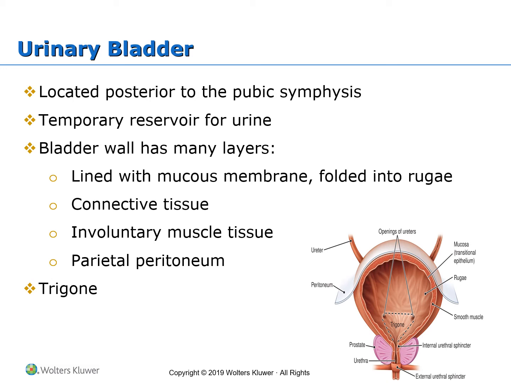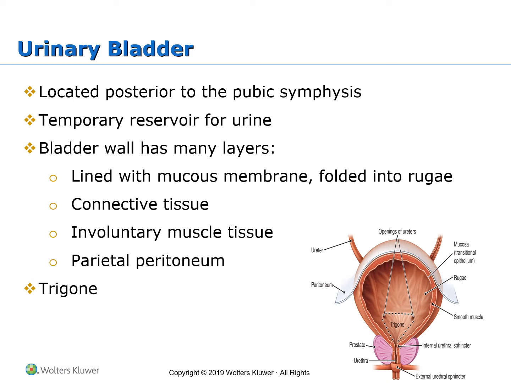I was telling you about that structure that is called the trigone. So the trigone is that triangular shape that is formed. It's a region on the posterior wall of the urinary bladder that is made out by the openings of the ureters and the urethra. Once the bladder starts to fill with urine, it will start expanding, dilating, and changing its shape.